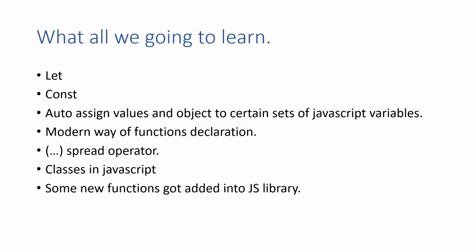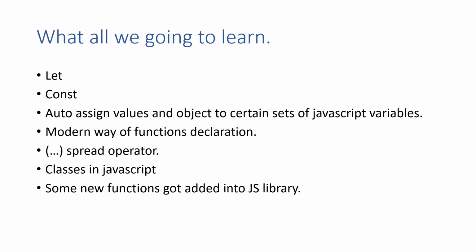So we will be learning the scope called let. We will be learning the scope called const. We will also be learning the auto assignment of the values available in a list, and the auto assignment of the values available in an object, to a certain set of JavaScript variables.